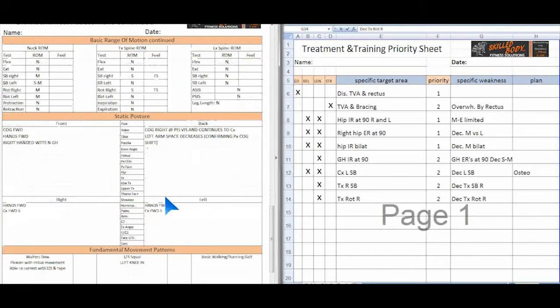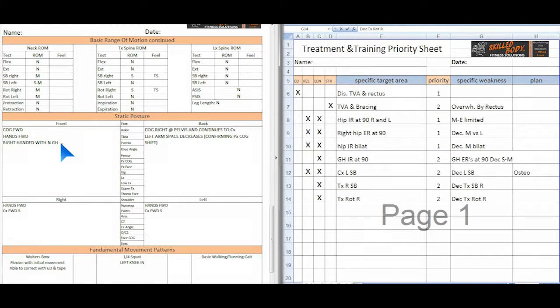Okay, then moving to static posture. So his center of gravity is forward, his hands are forward, he's right-handed with a normal shoulder. What that means to me is I'll often, probably 99% of the time, ask what handedness, and you have to differentiate between fine motor skill and gross motor skill, and it's gross motor skill that we're asking for.